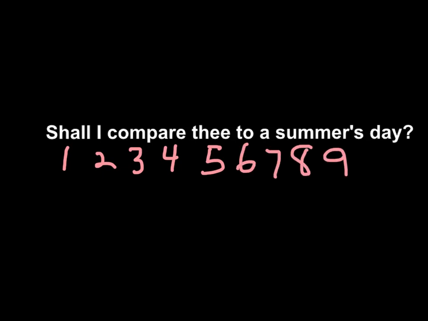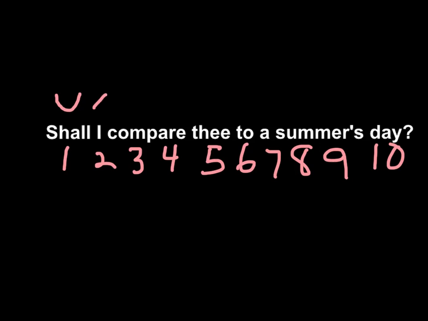Now let's take a look at one of the most famous lines from Shakespeare, the first line in his Sonnet 18. Shall I compare thee to a summer's day? 10 syllables. They are, of course, in the pattern unstressed, stressed.